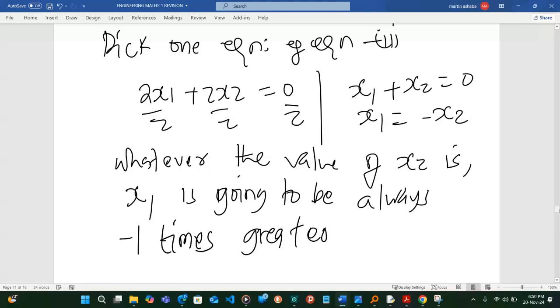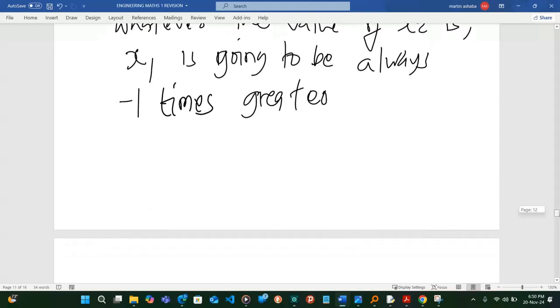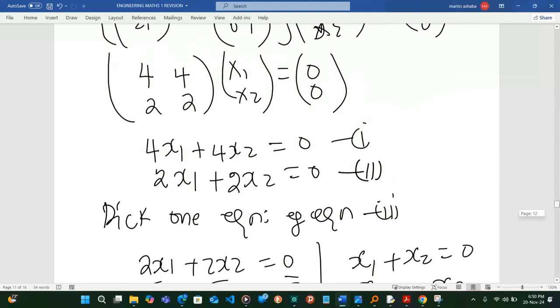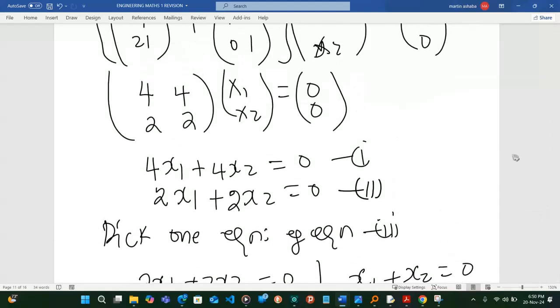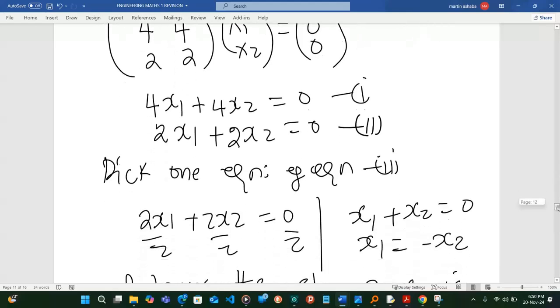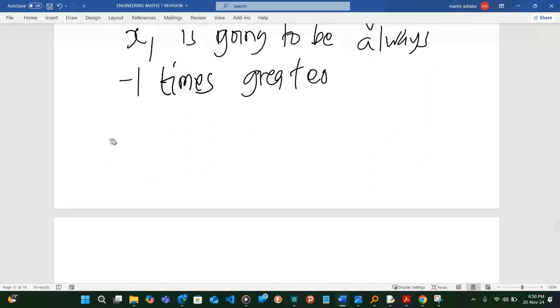So what does that mean? The eigenvalues, if for example I was to substitute it in here, I would have something like this. I would have 4, 4, and 2, 2. We said we have x1 equal to negative x2. So I have negative x2, then I have x1.